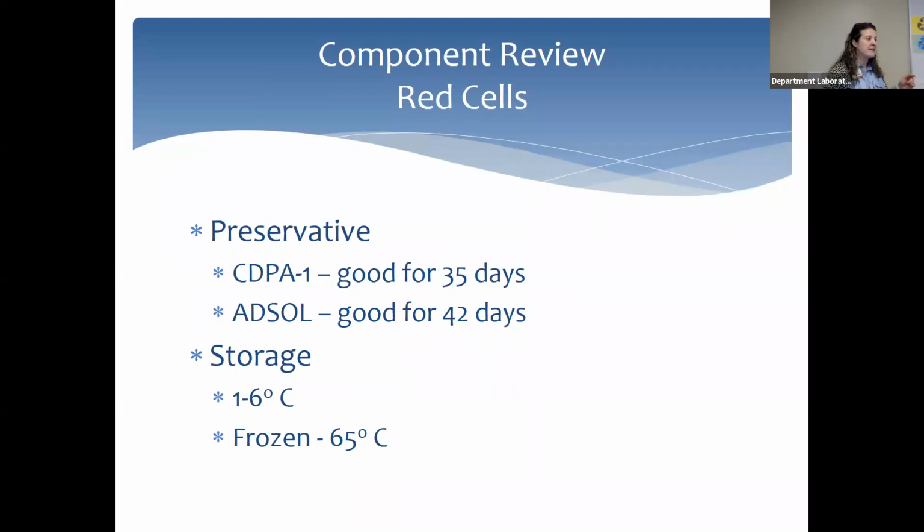If you had CPD, CP2D, that is 21 days. And then if you add Adsol as a preservative to your red cells, that is a 42-day expiration time. And red cells are always kept at refrigerated temperature, 1 to 6 degrees, okay? However, we can freeze our red cells at -65 for up to 10 years from date of collection.